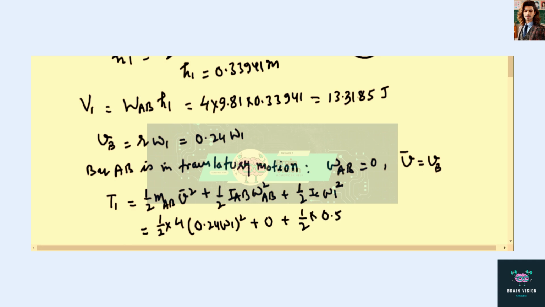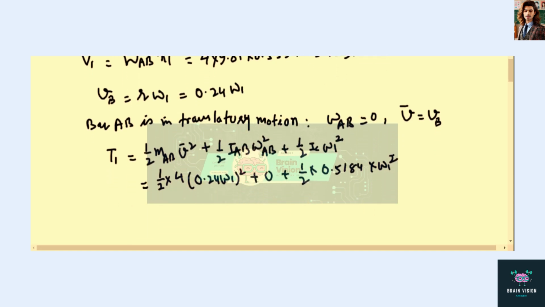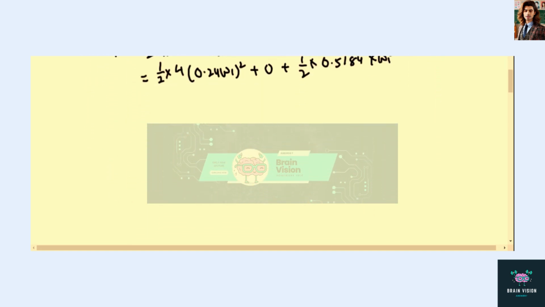IC moment of inertia of the wheel 0.5184 into omega 1 square. So total kinetic energy we will get 0.3744 omega 1 square.